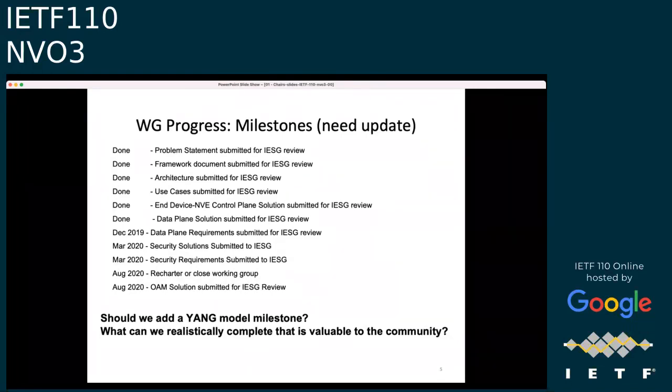So I think it's reasonable to expect that we'll have it complete by next meeting. So if, for example, last call is issued, then comments will come and we'll address them by next meeting.